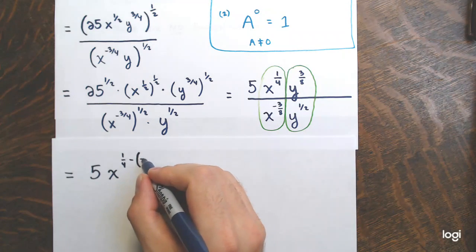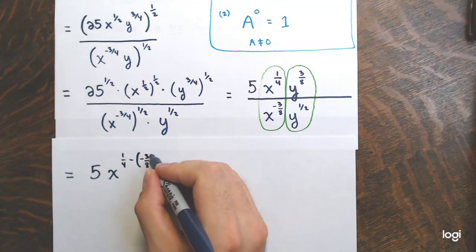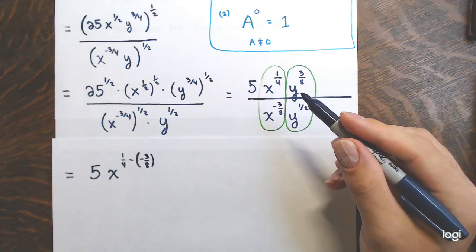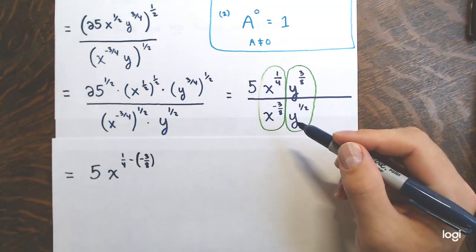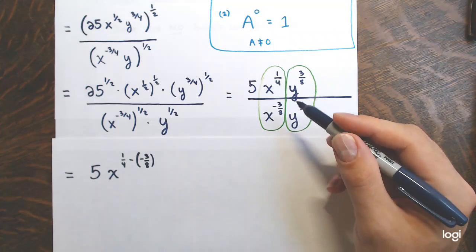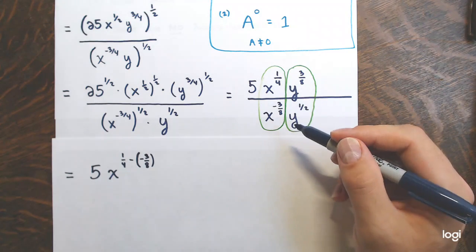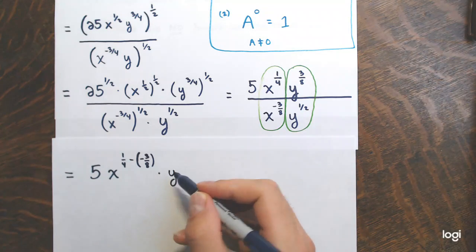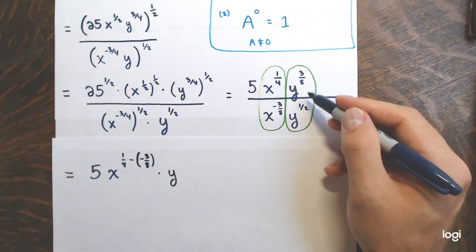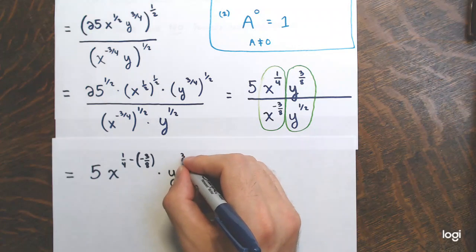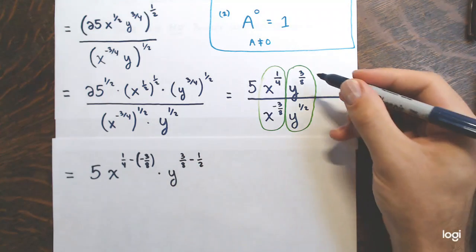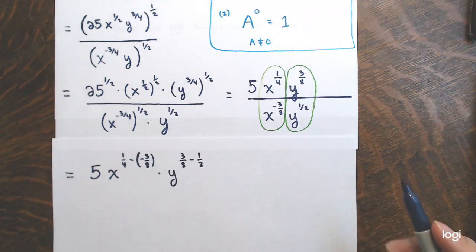So minus negative 3/8. So you have minus a negative here, which will end up being a plus. And then times, you have to do the same thing with the y's. I have a factor in the numerator and denominator with the same base of y. So you keep that base of y, and then subtract the exponents for the new exponent, 3/8 minus 1/2, right? Numerator power minus denominator power.